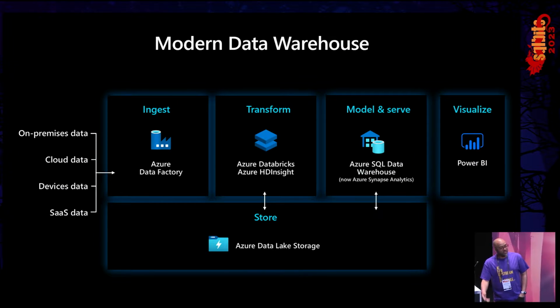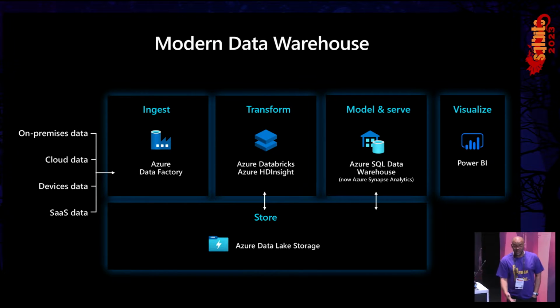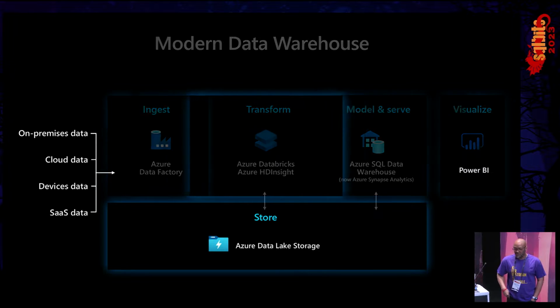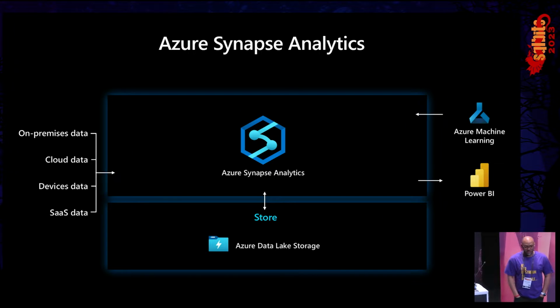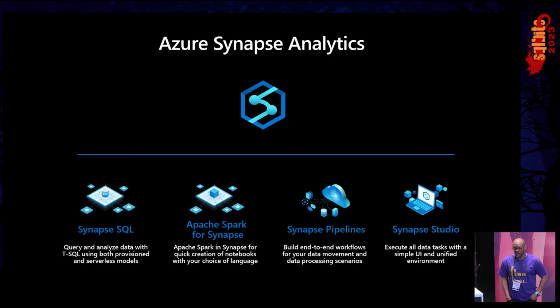If you want to transform the data, you can also use pipelines, but you can use Databricks. You can use Spark built inside of Power BI. And if you want to persist that data somewhere, you actually have a dedicated SQL server that you can spin up. But there are other things that we can do, and we'll talk about those a little later. What I like about it, though, is I can reach out to all these disparate data sources, regardless of the source, and use one of those integration tools to pull that data in and land that data in that one simple place.